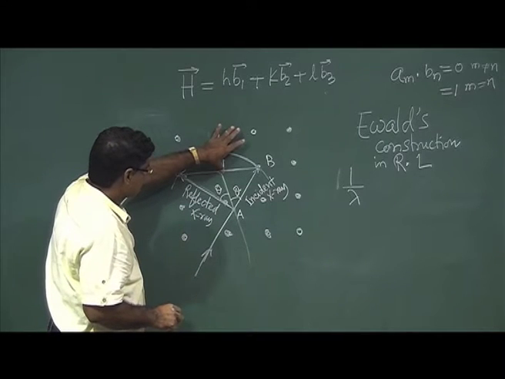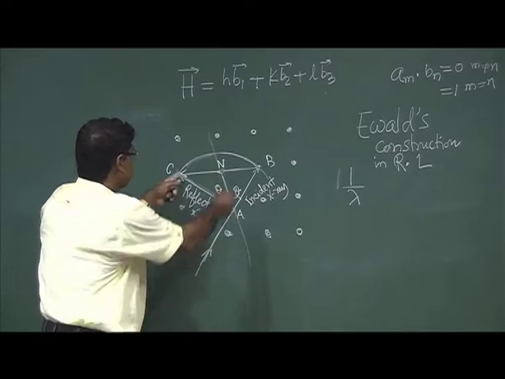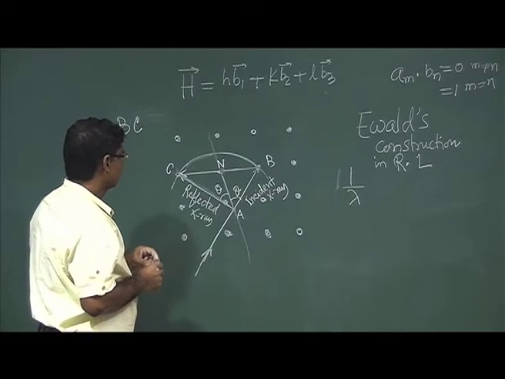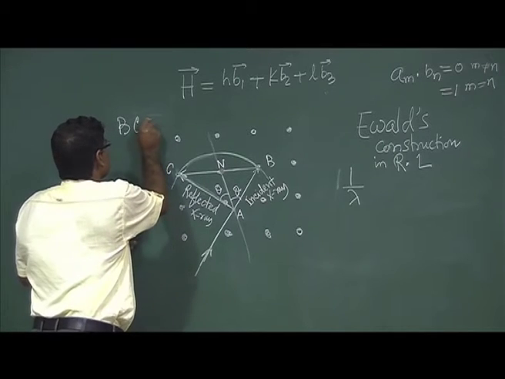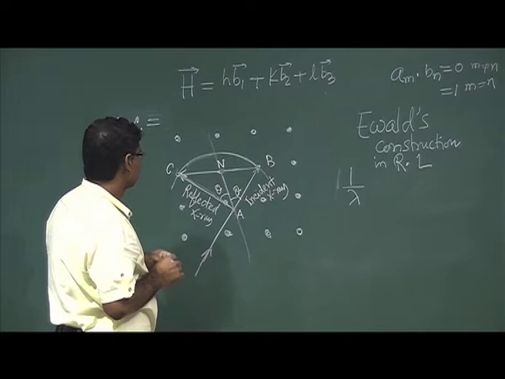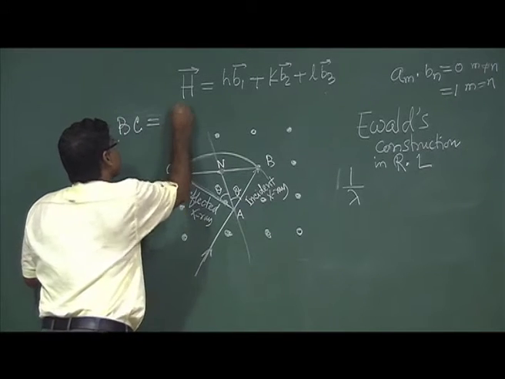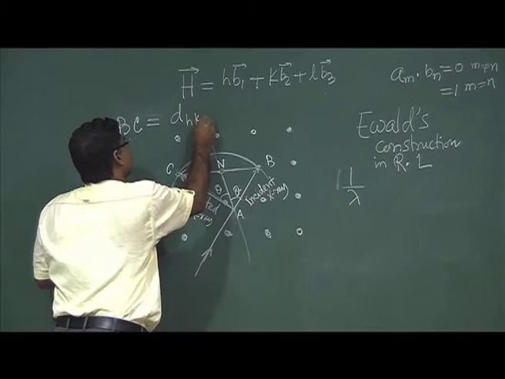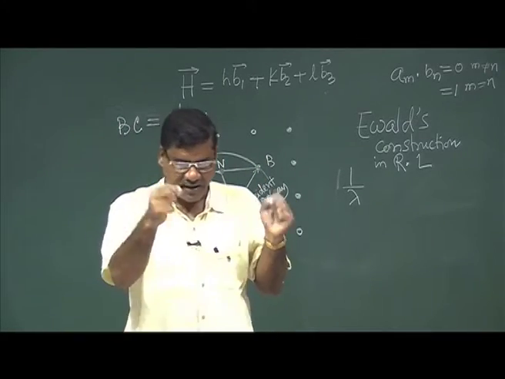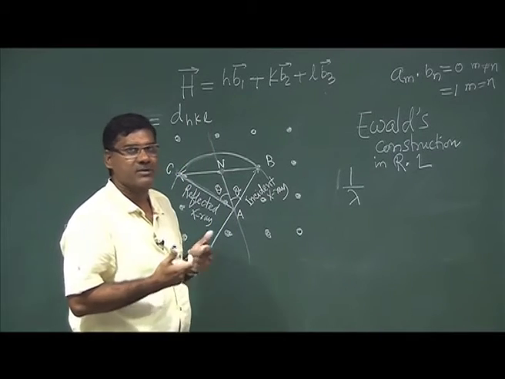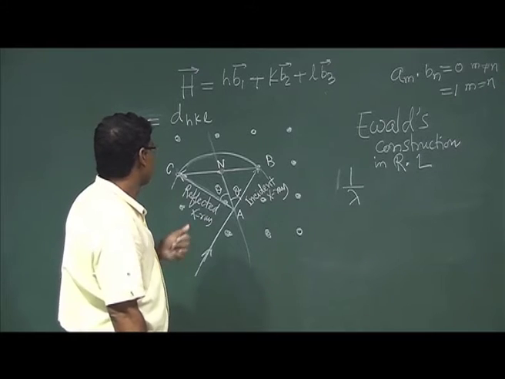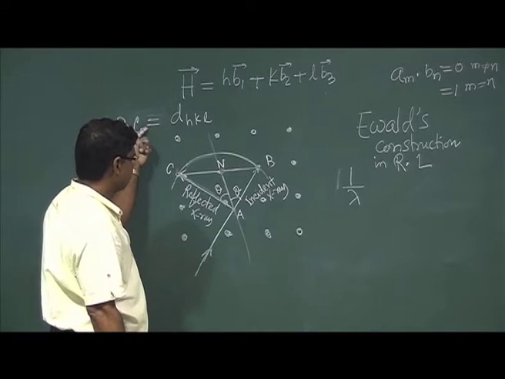So here, the normal BC will be d HKL, right, the magnitude normal to any plane. So BC will be d HKL.